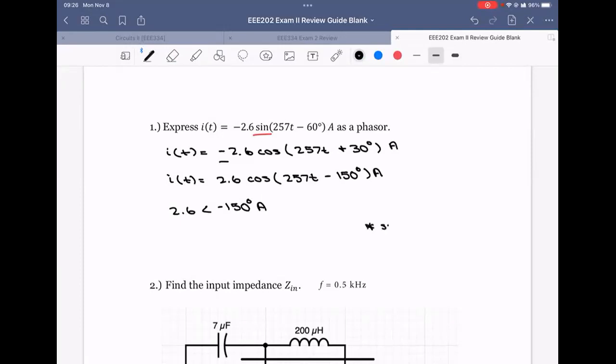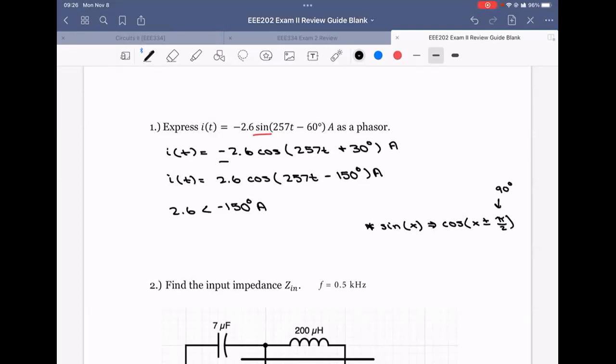Remember, sine x is cosine of x plus or minus pi over 2, which is 90 degrees. So that one's helpful.